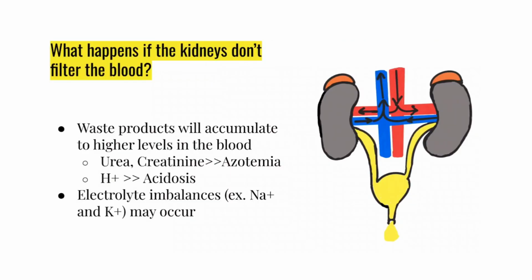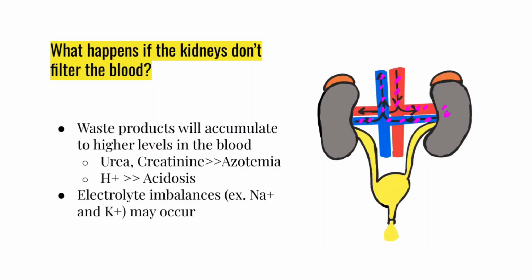So finally, what happens if the kidneys don't filter the blood? So what difference would that make to you? Well, remember, the goal of the kidney is to take those waste products and take them out of the blood and put them into the urine. Okay, so this is what we're trying to do normally. Well, obviously, if this is not happening, what happens is the waste products come in to the kidney, but then they are going to just leave back in the veins, leaving the kidney.